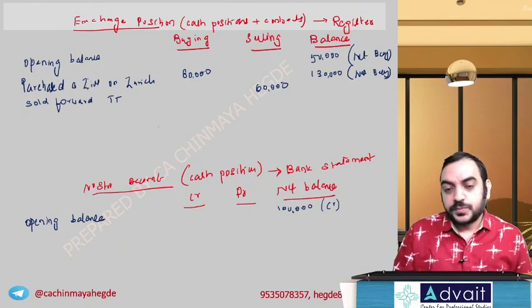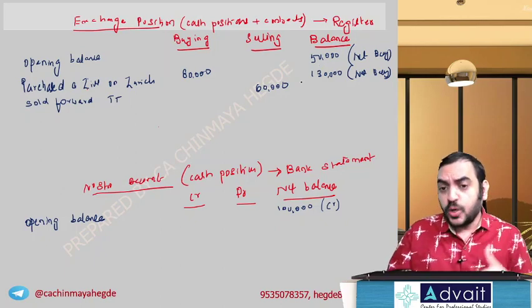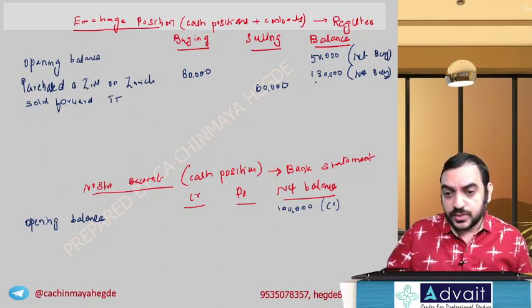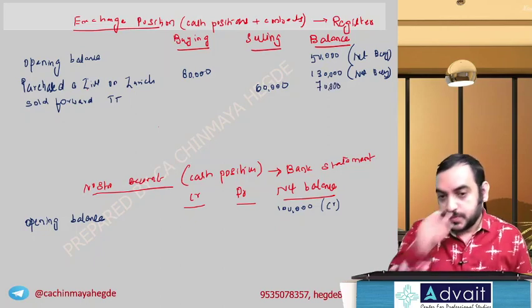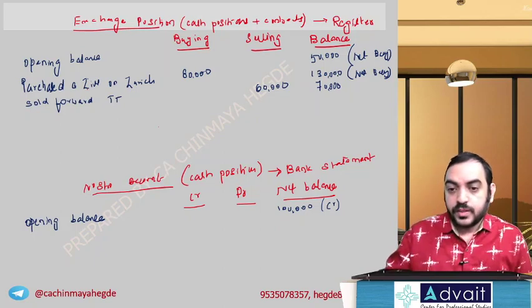So 1,30,000 your buy position. Sold 60. So balance becomes 70,000. Net buy position 70,000.